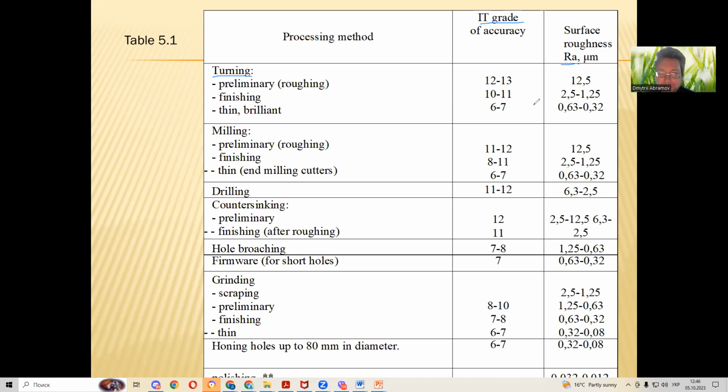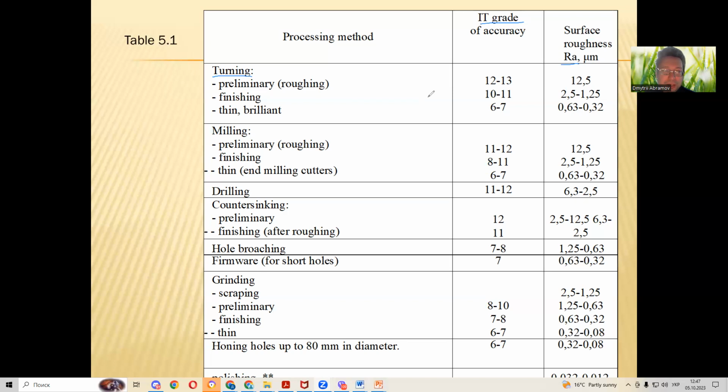For roughing turning, IT grade will be from 12 to 13, and roughness will be 12.5 microns. For finishing turning, IT grade of accuracy from 10 to 11, and roughness from 2.5 to 1.25 microns.